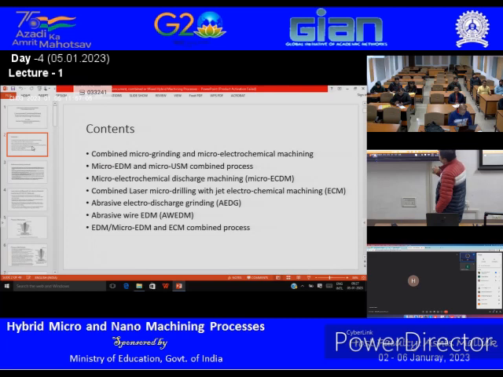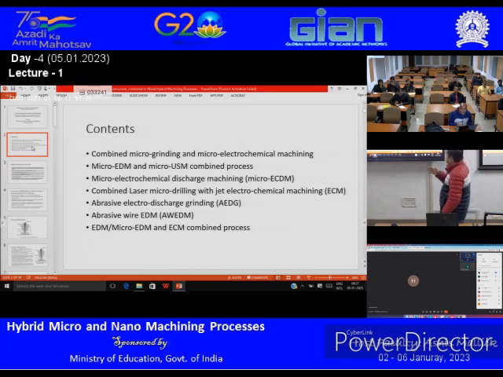First, combined micro grinding and micro electrochemical machining. Again, when we say combined, for each process, at least 2 physical principles, or I would say 2 energy sources, are interacting simultaneously. Okay, not one after another, simultaneously.